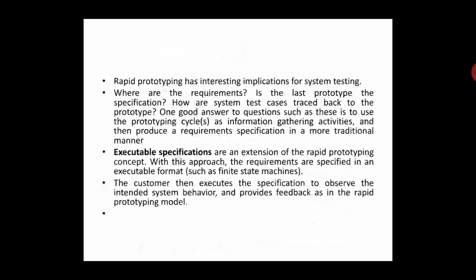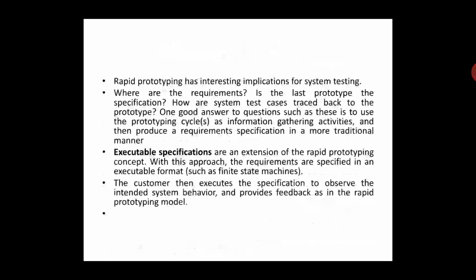So consider all these activities as information gathering activities. In each step of following the prototype, we need to collect information. This information will be used for the further building of the process, and then we produce a requirement specification in a more traditional manner. That is regarding the rapid prototyping approach.